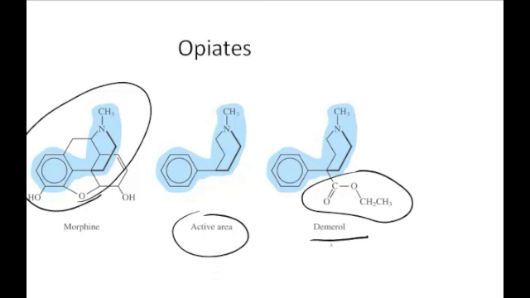Demerol isn't as effective as morphine, but at the same time, it's less addictive. The problem with morphine is it's very addictive because the brain gets used to having that concentration of chemical that it normally wouldn't have, and then it can't self-regulate anymore. Morphine has some other side effects as well that Demerol does not have.